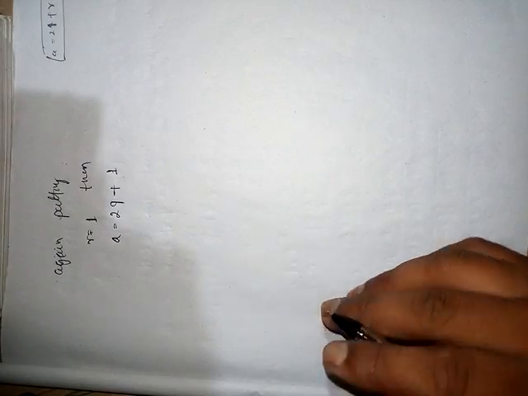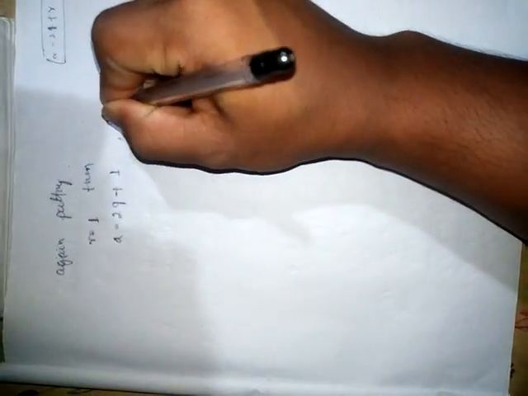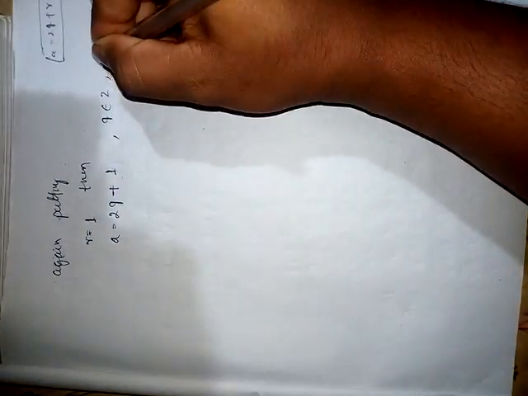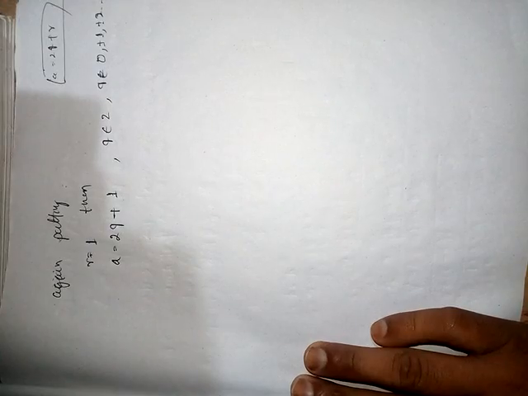Here q belongs to Z, and q can take values 0, plus or minus 1, plus or minus 2, and so on.